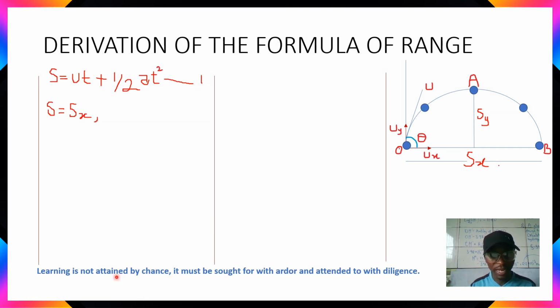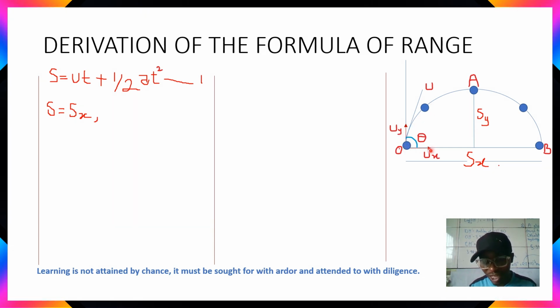Okay, then for our U, which is our initial velocity of throw, here is our U. That's the initial velocity at which the body is moving while projected. So this U, you have to resolve into two components also, because it has initial speed along the vertical axis because the object was moving up.